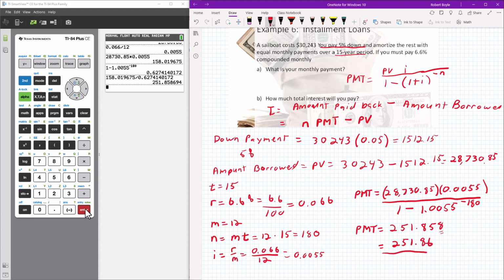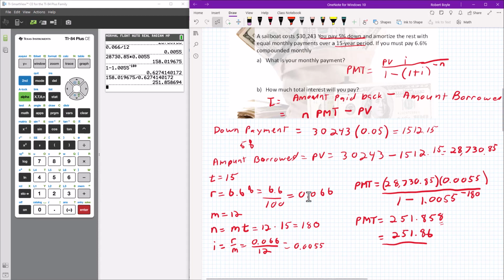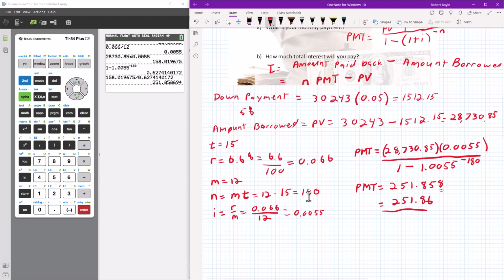Now with that, we can figure out the interest. Now remember, not the interest rate, but the interest is going to be equal to the amount you paid back, which is going to be your monthly payment, $251.86, and the number of times you made that monthly payment, which actually happens to be 180 times, minus the amount you borrowed. Not the cost of the boat, but the amount you borrowed.